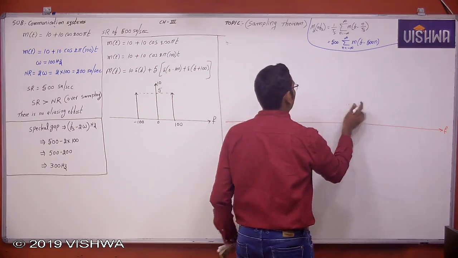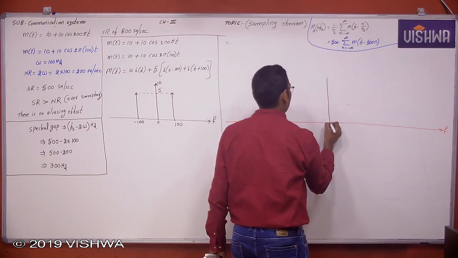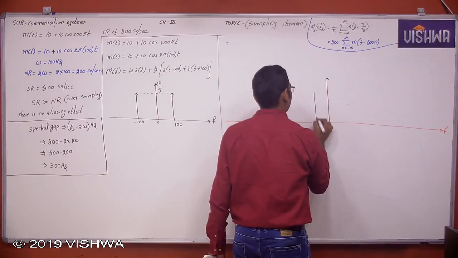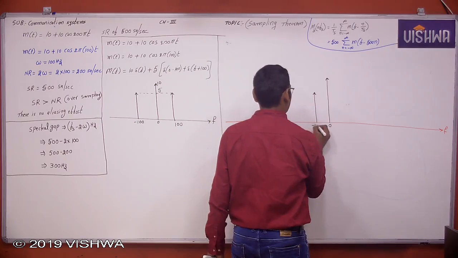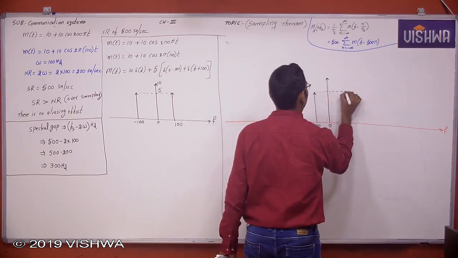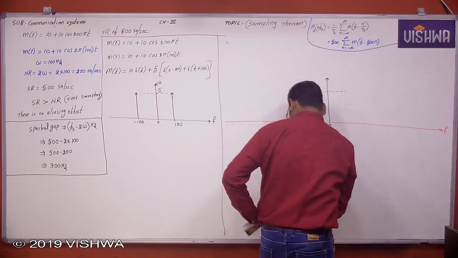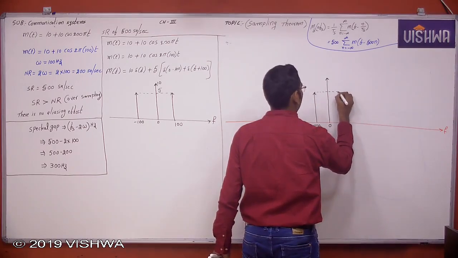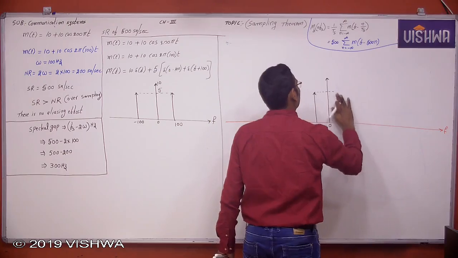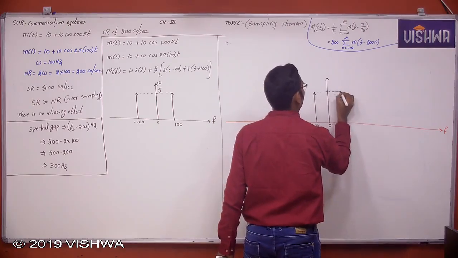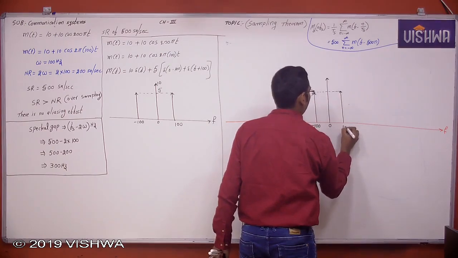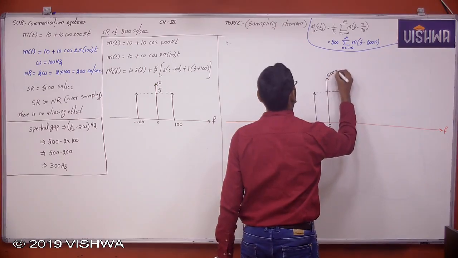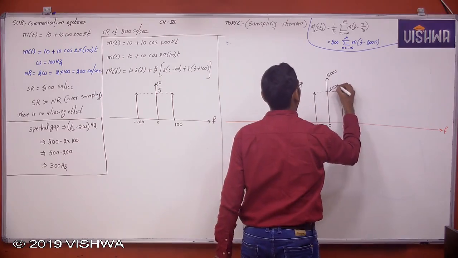When n equal to 0, this is m of f, with components at minus 100 and 100. Multiplied by 500, the impulse at 0 becomes 5000 and the others become 2500.